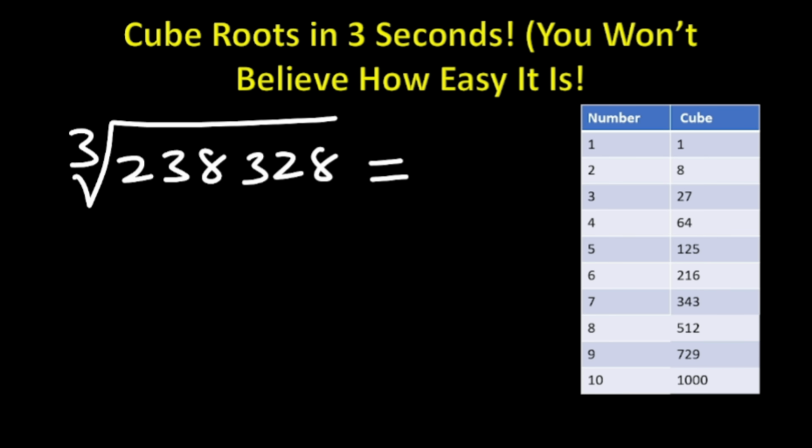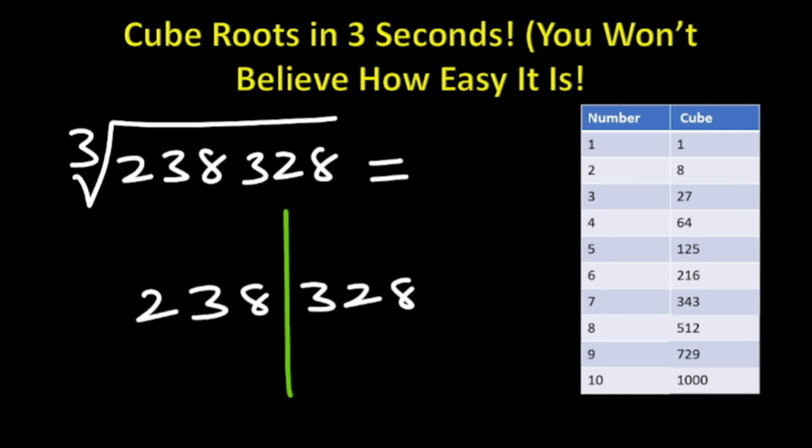Again, to find the cube root, take the number 238328 and separate the right side 3 digits from the left. Now you can see that this number ends in 8. So if the cube ends in 8, its cube root ends in 2. So the first digit of the answer is going to be 2 here.